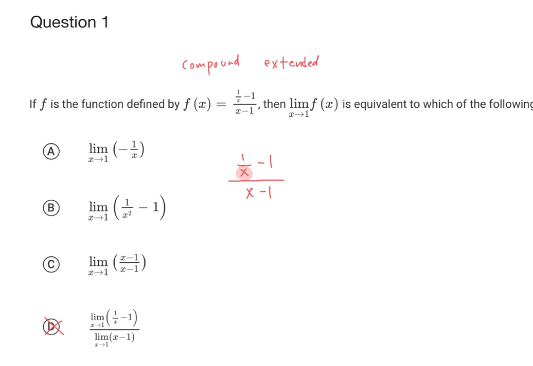So take that denominator and multiply it by the top and bottom. The top will end up foiling, and the bottom we won't foil, and we'll see why in a second. The top will do x times 1 over x, and that's just 1. The x and 1 over x cancel to be 1, and then x times negative 1, or just x times 1 minus x times 1, is x. And then let's keep the bottom the same. Let's not distribute.